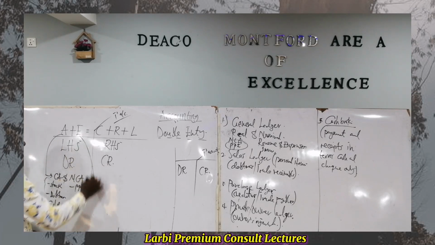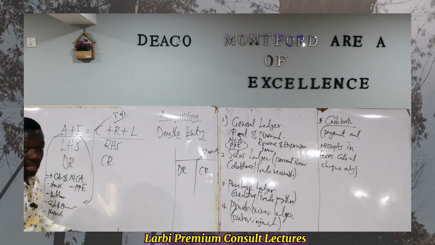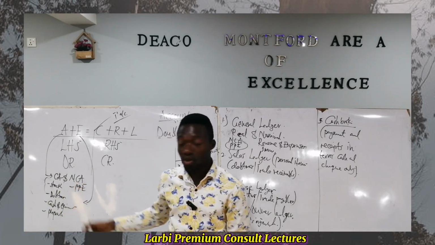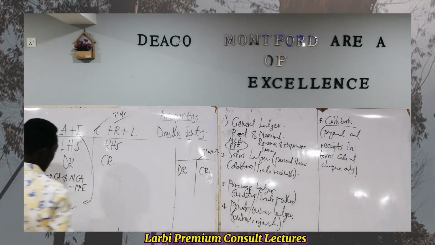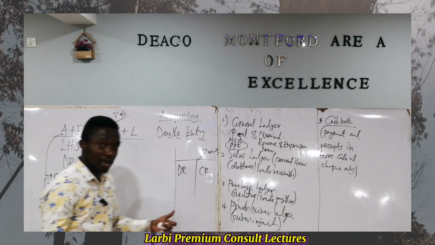And on expenses, all expenses, irrespective of the effect and the duration in the business, must also have a debit balance. So expenses like rent. What again? We can think of capital investment.